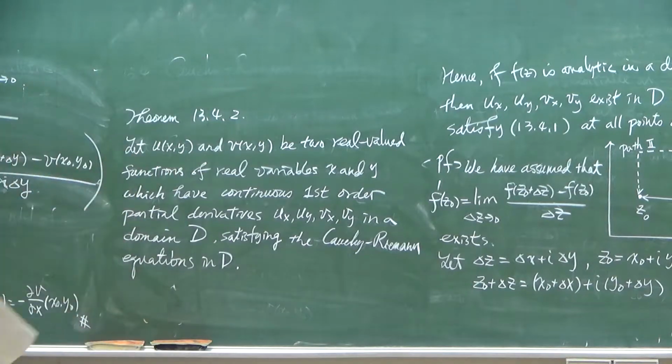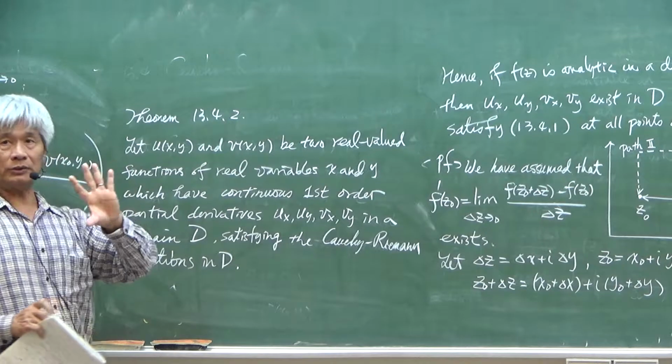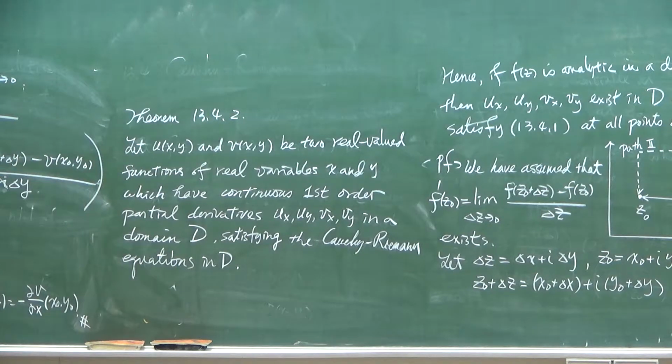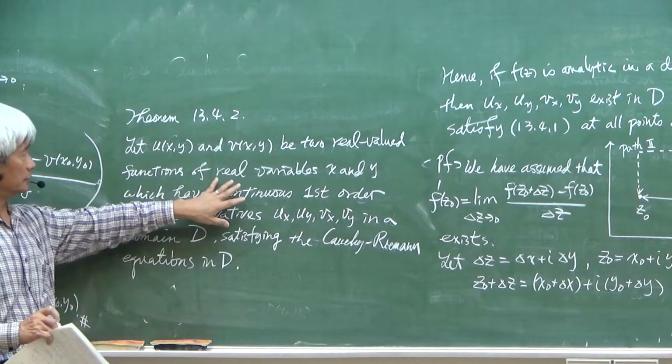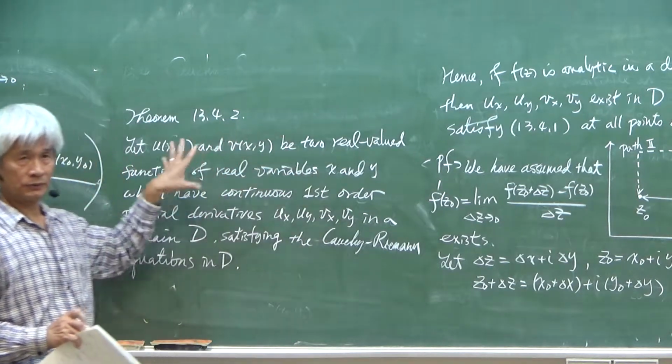Right. So first of all, suppose we have two. As we know, we can construct a complex function by two real valued functions u and v of two real variables x and y.